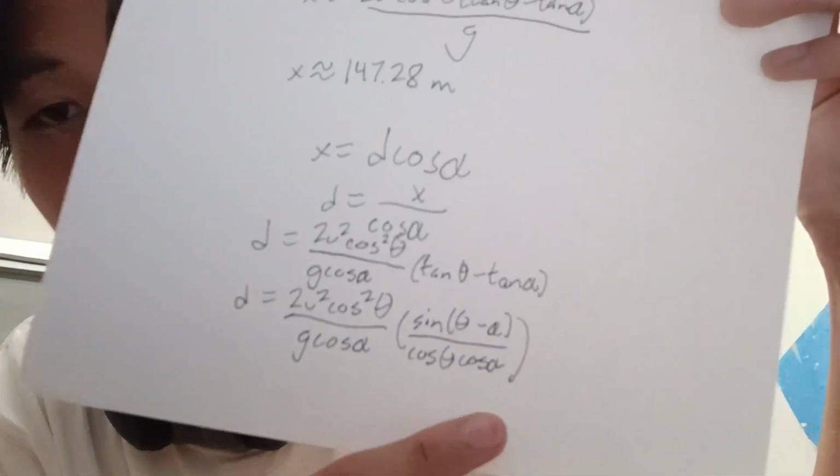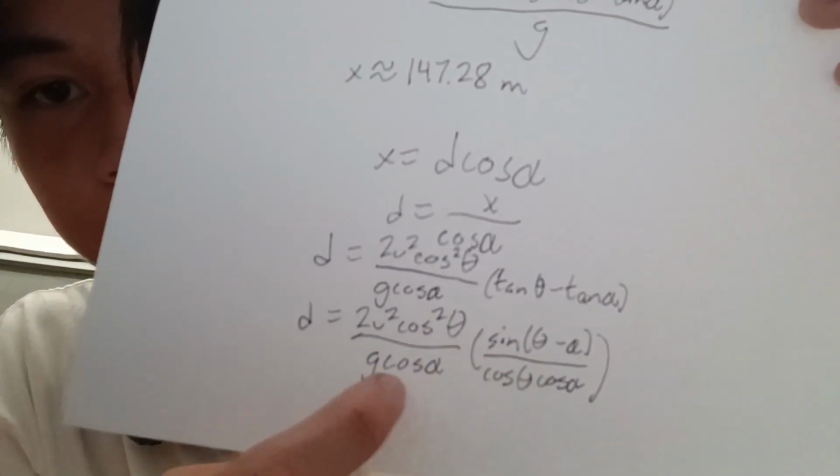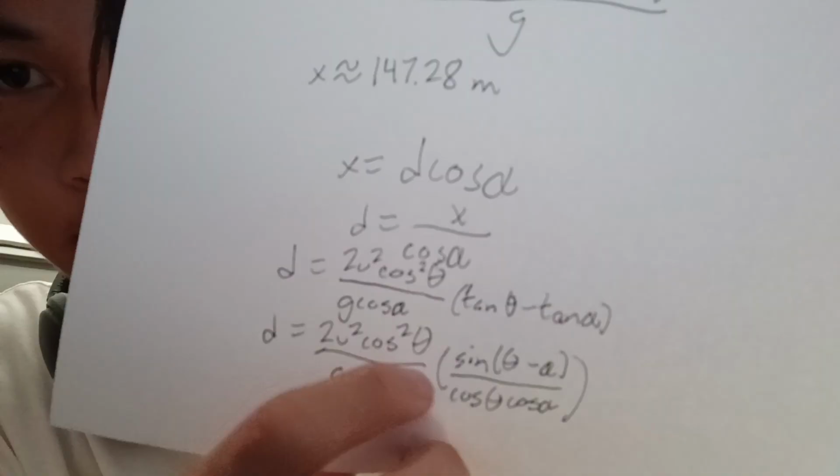You can rewrite it into this. And then after that, what you do is you cancel out one cosine theta here.